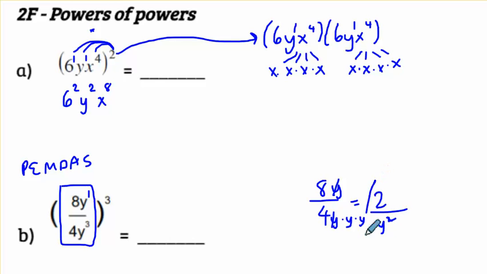So now we have done what's inside the parentheses, and now we're ready to raise it to the third power. That means every single thing is raised to the third power. The 2 is raised to the third power, and the little exponent of, well, actually, let me back up for a second. I think it's sometimes a lot easier for you to put a little 1 here. Just remind yourself, just like we did over here.